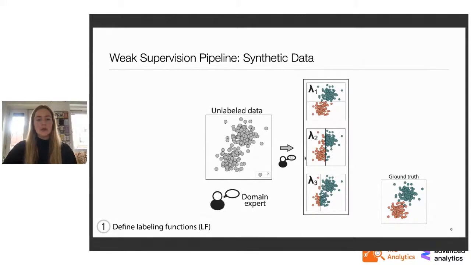To do that, I will use a very simple data example with these unlabeled data points. The ground truth is also shown here, but we want to get labels using weak supervision. We start by asking our experts to define a set of labeling functions. In this case, based on some value of one of the features, these labeling functions divide up the input space, assigning one class to one side and the other class to the other side.